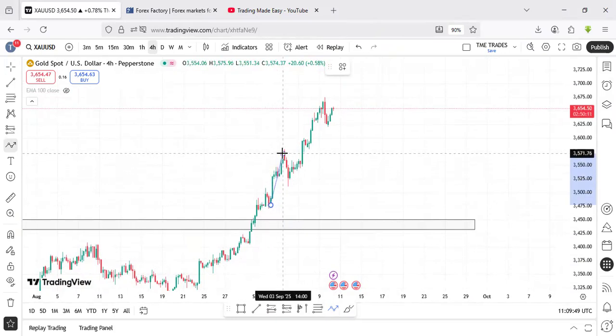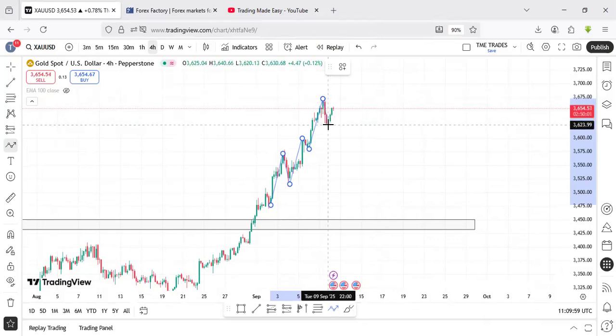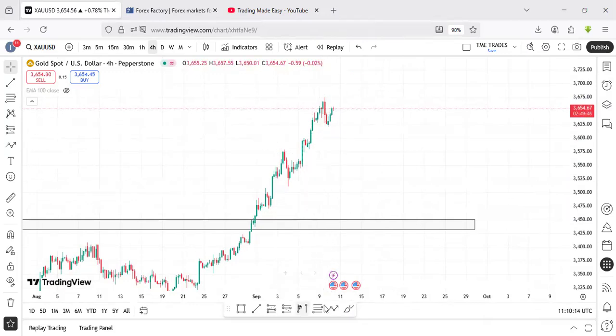It created higher highs, higher lows, higher highs, higher lows, higher highs, and we could on 4 hours call this a higher low.